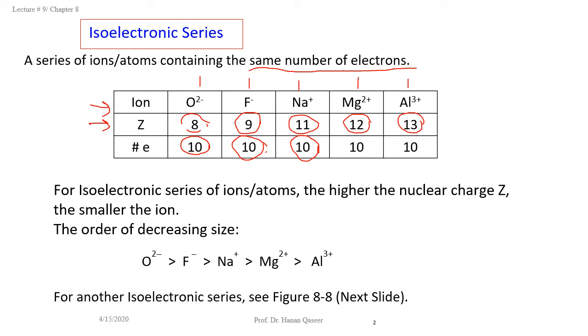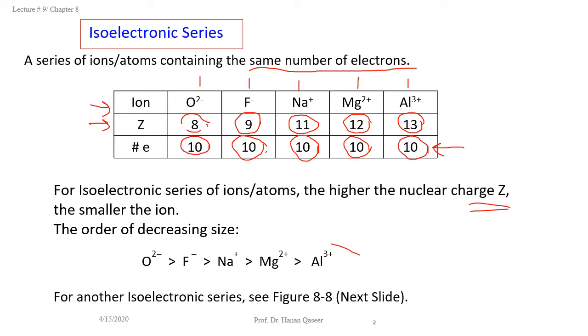Mg2 plus, lost 2 electrons, 10 electrons. Aluminium plus 3, lost 3 electrons, 13 minus 3, 10. So all of these ions are an isoelectronic series. They have the same number of electrons. Look here. So the higher the nuclear charge, which is aluminium, the smaller the ion size.